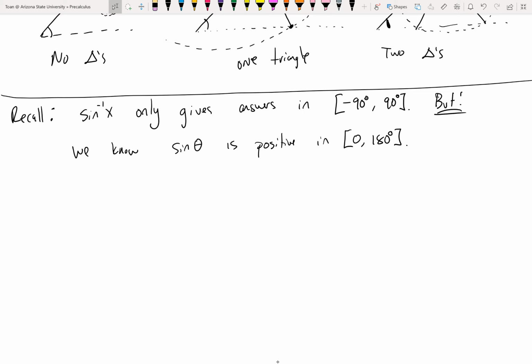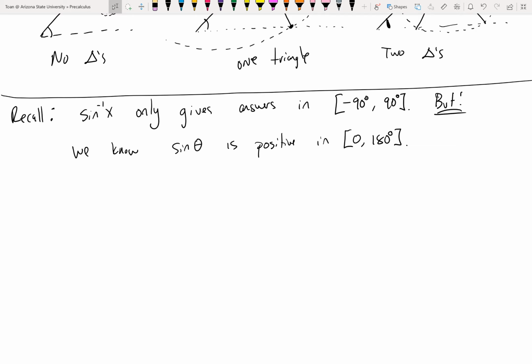So that's why I made you, I think it was 6.4, solve the simple trig equations in the first two quadrants, because we know that in the world of trigonometry, acute angles and obtuse angles share the same sine values. Sine of 30 degrees is the same as sine of 150 degrees.